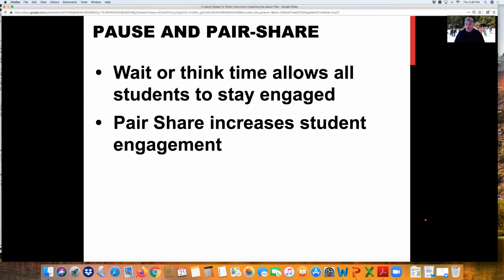But if your norm changes and becomes, okay, I'm going to wait 5 seconds, then kids look at each other like, oh, teacher's not going away. And if you use something like a wheel decide, which allows you to randomly pick kids out, it gives everybody a chance. Everybody's on the hook, and everybody's expected to know the information. Over time, it really makes a difference for students.